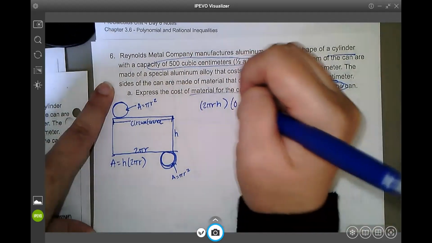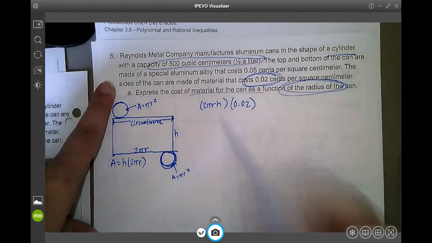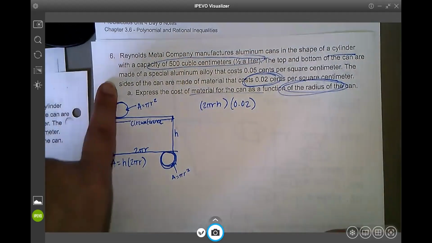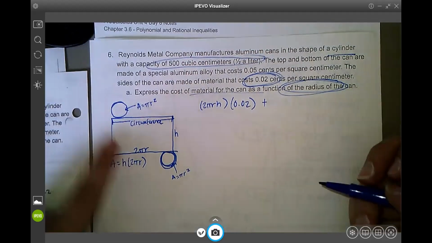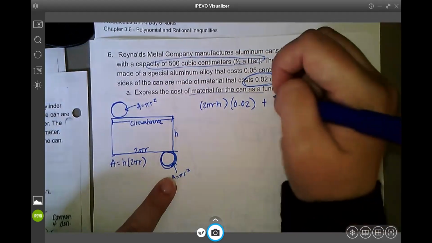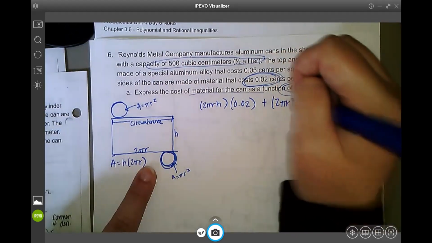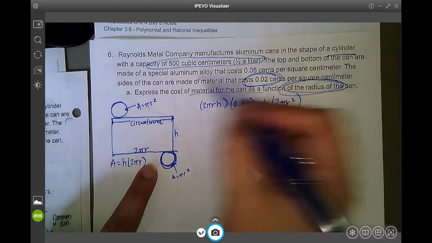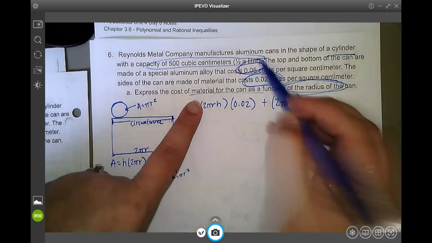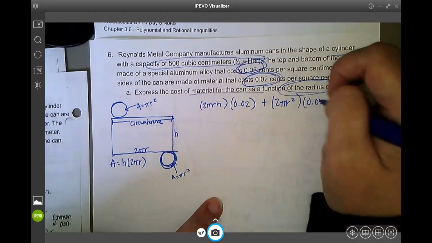So that's going to cost me 0.02 times whatever my area is. Plus, my top and bottom, I have 2 of these circles. So I have 2 pi r squared, because they're going to be the same circles. And then the cost for the top and the bottom is at 0.05 cents.